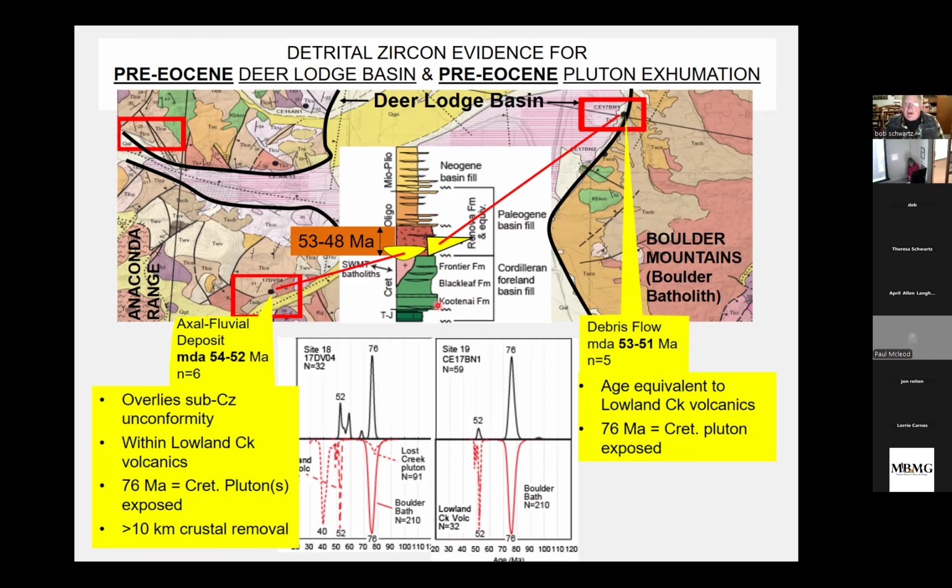So what is that saying? It's likely that these axial systems incised down through time into the infrastructure, removing crust, and that the floor of the basin is not just instantaneously produced by extensional, horst and graben style faulting.